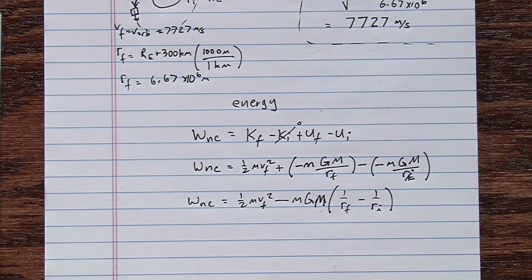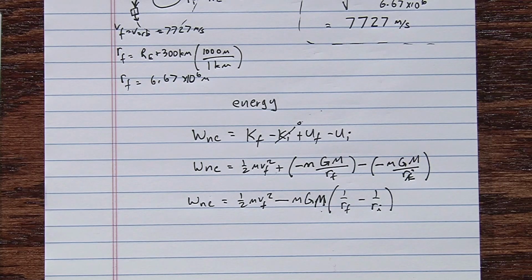So I haven't changed anything because I still have minus m, big G, M, divided by R final, and then I have minus negative big G, big M, divided by R initial. So I've just factored it out to make our calculations a little bit simpler.